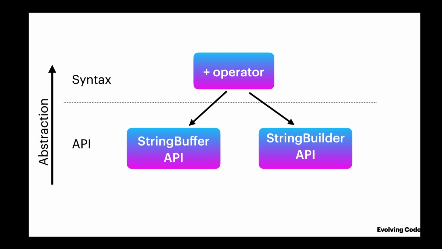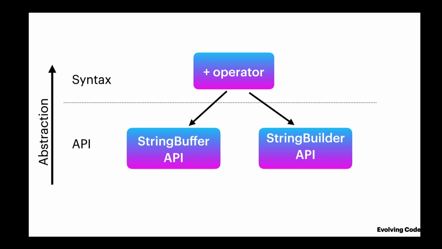What is that catch? If you look at both approaches, that is using the API versus the plus operator approach, the plus operator is at a higher level of abstraction compared to the API call, that is StringBuffer or StringBuilder.